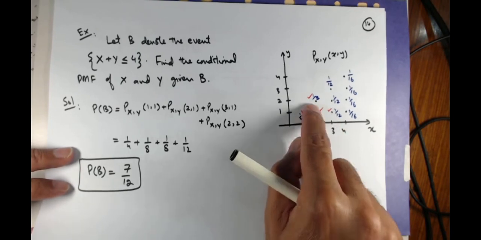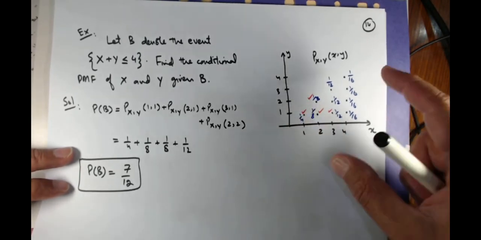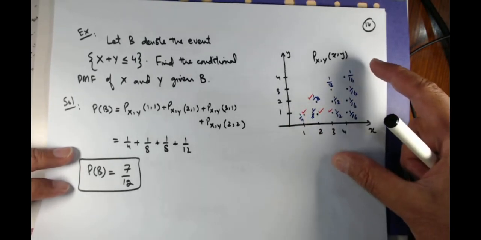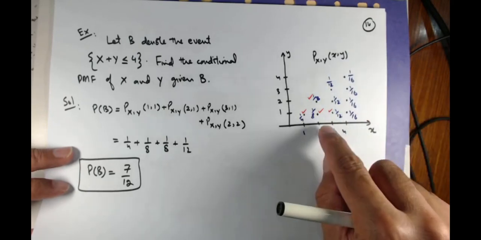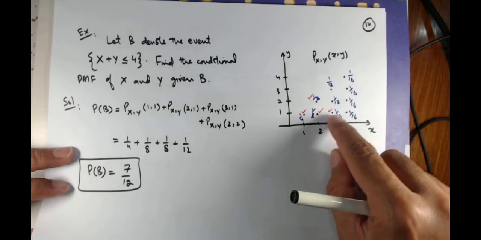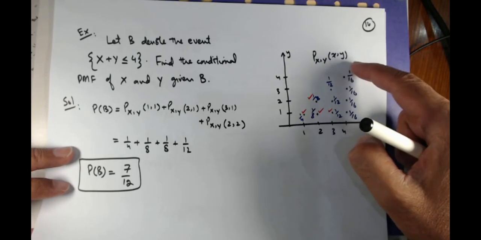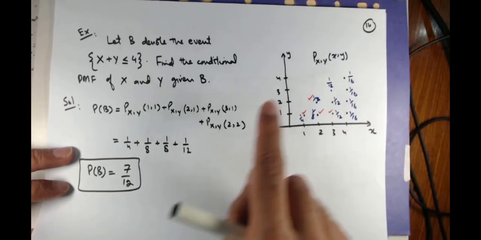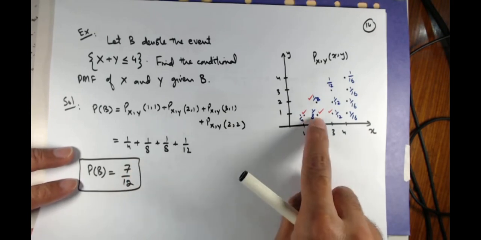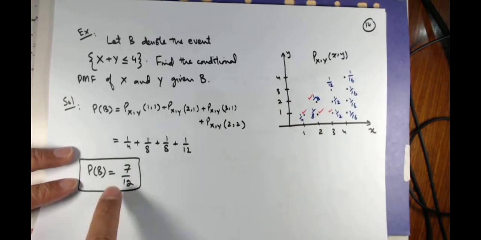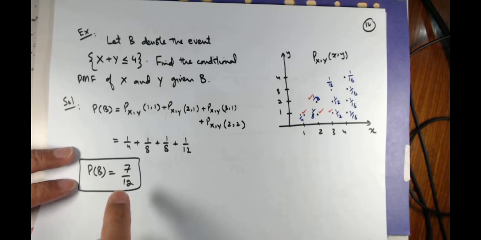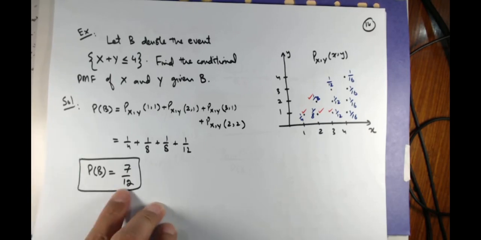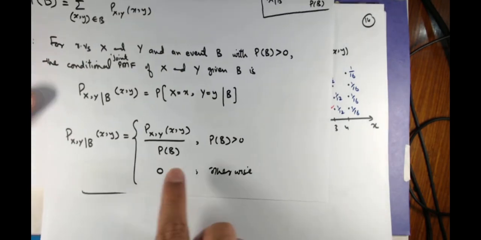The sum of individual probabilities of all the points in that event B obtained from the unconditional giant PMF. So you see these four probabilities summed up give you 7 by 12. So this 7 by 12 is now your common denominator in the formula here.